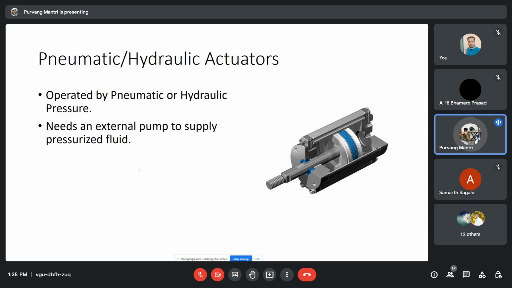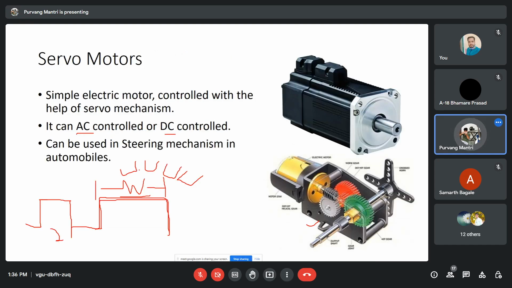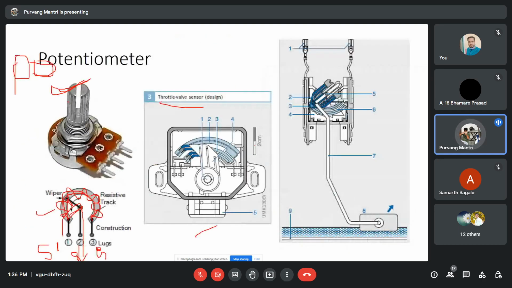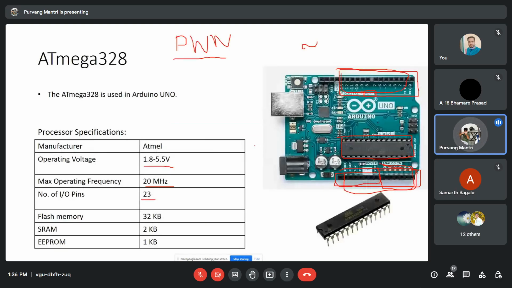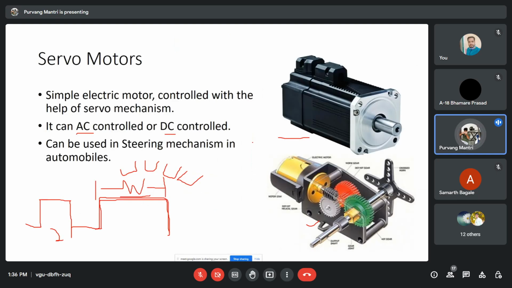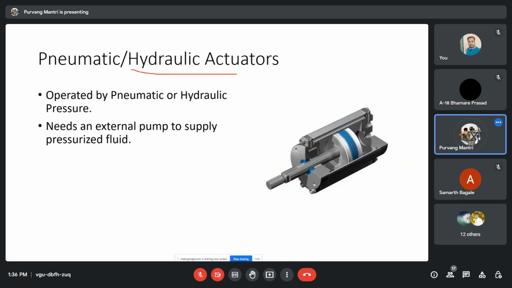If it is an electronic power steering system, it is going to use a servo motor with a potentiometer at the steering column. If the manufacturer is providing a hydraulic power steering system, then it is going to use a hydraulic actuator.